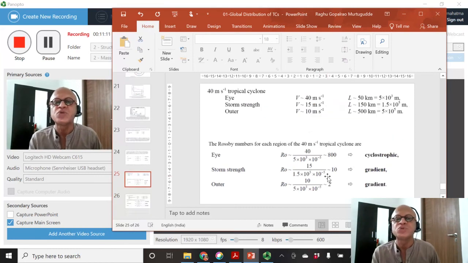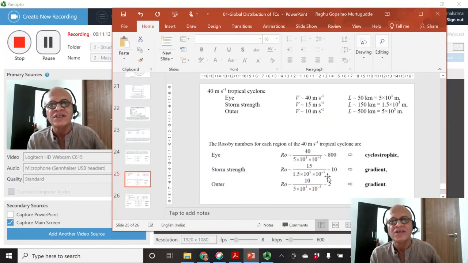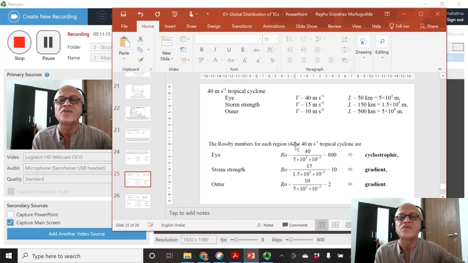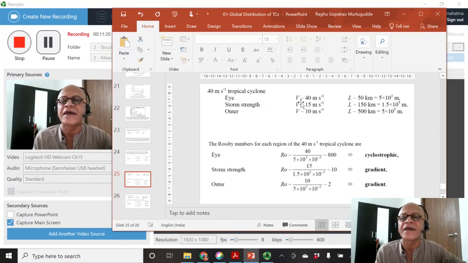Obviously this will depend on how strong the cyclone is. So if the cyclone has 40 meters per second top wind speeds, then in the eye we have 40 meters per second wind speed over 50 kilometers. Storm strength is dropping to 15 meters per second out to 150 kilometers, and at the outer edge we have 10 meters per second at 500 kilometers.